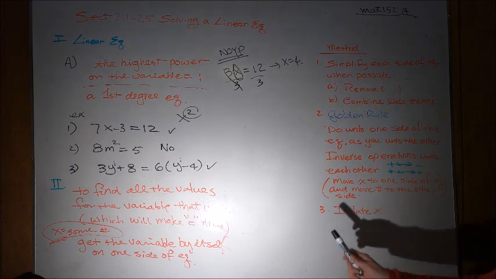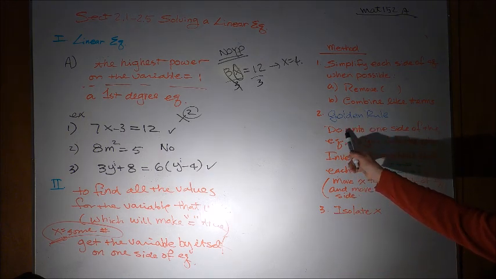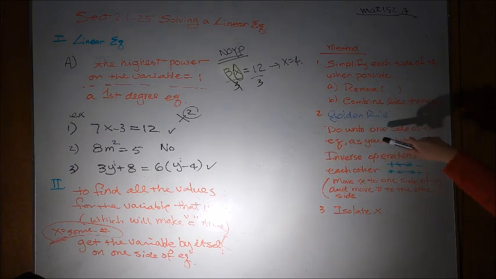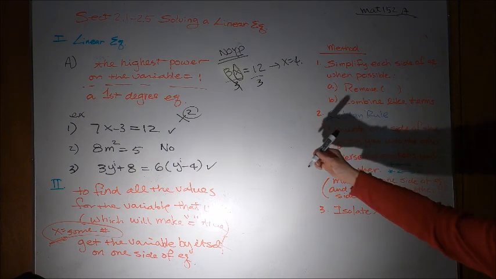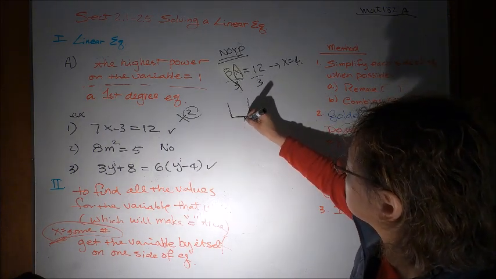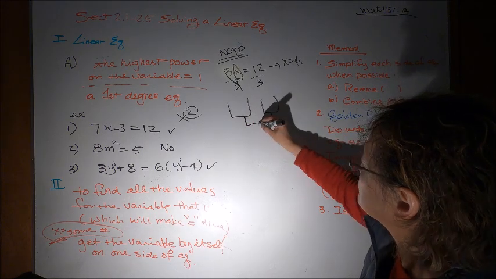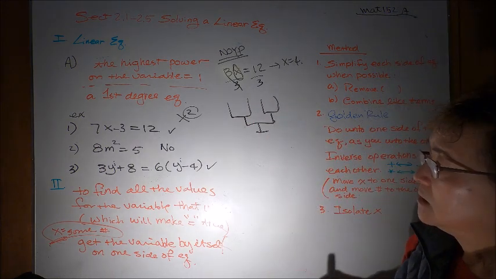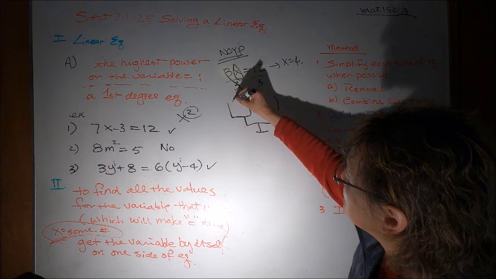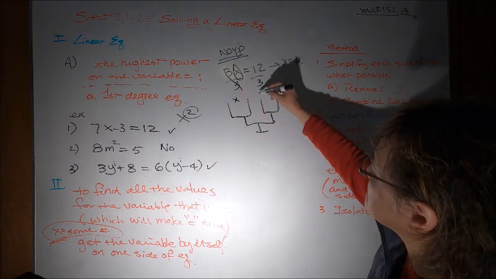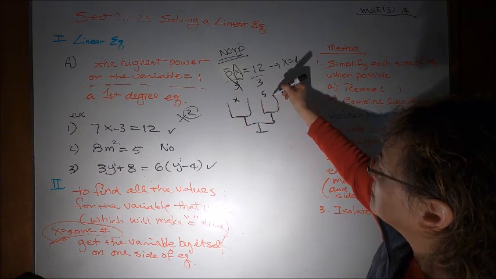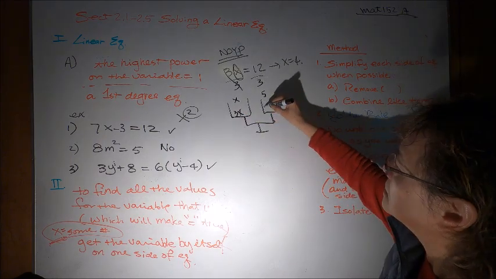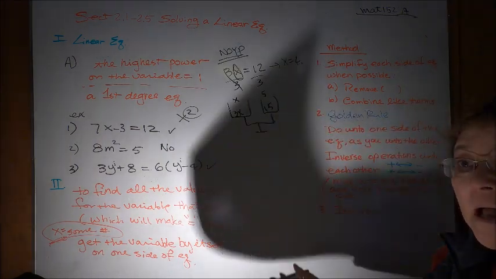So what we do is, we do one side, and we do the other side. An equation is like your balance beam, right? If my x is 5 pounds, then my 3x would be 15 pounds, to be balanced.